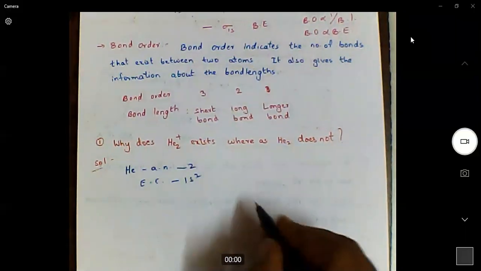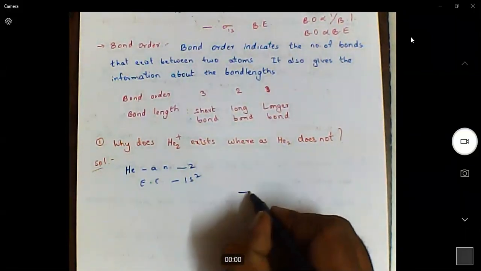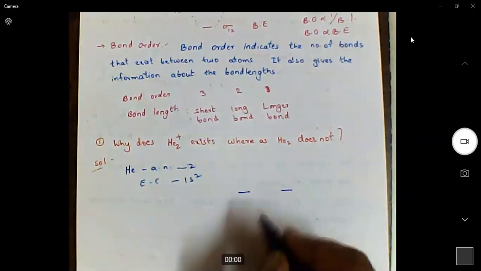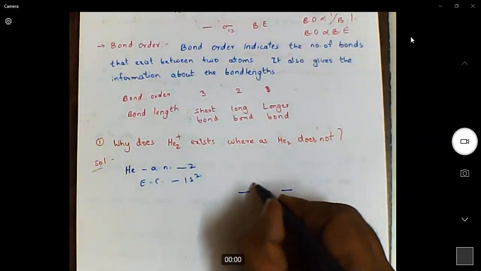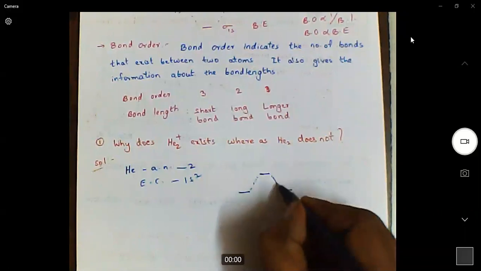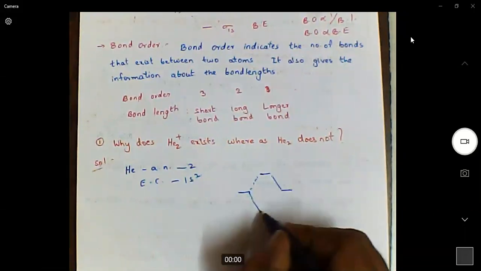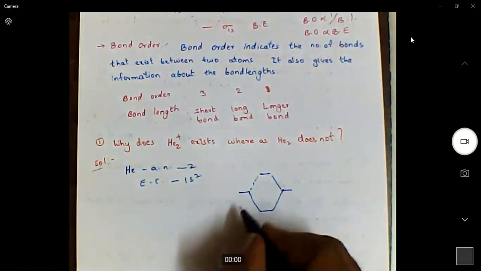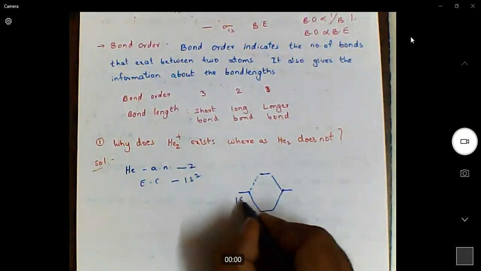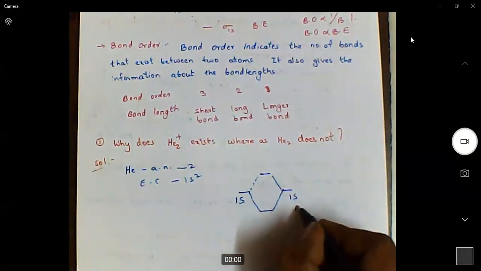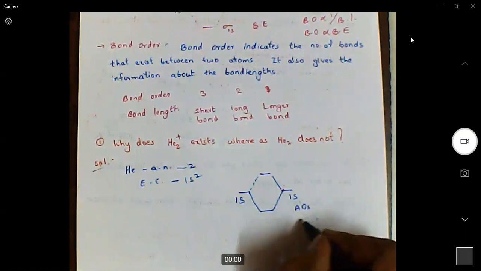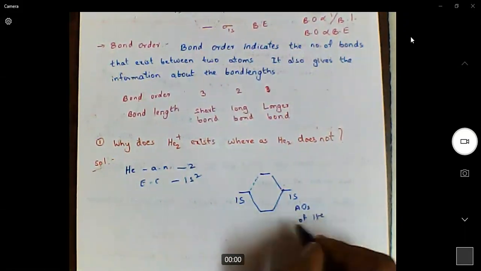Now we will construct the MO diagram for helium molecule. These two are 1s orbitals of helium. So these are AOs of helium.